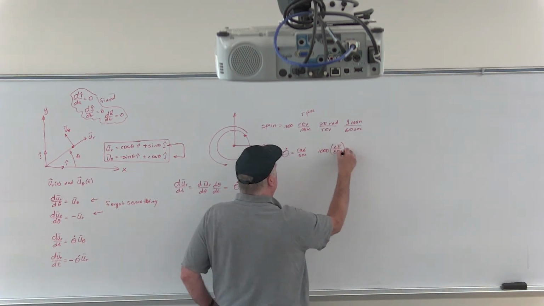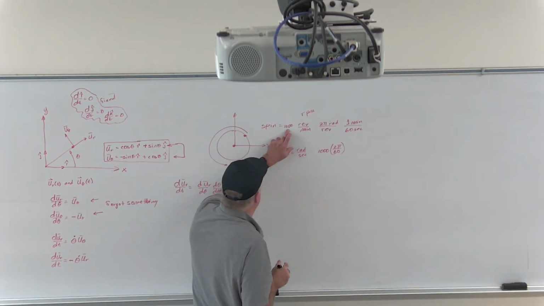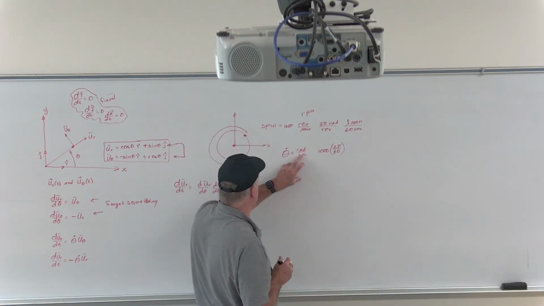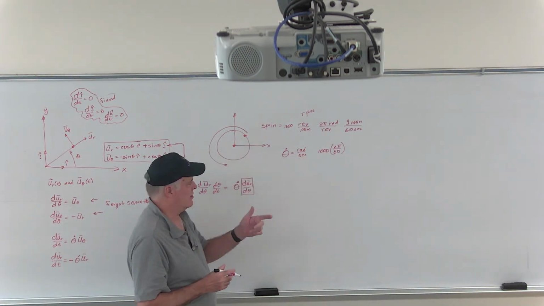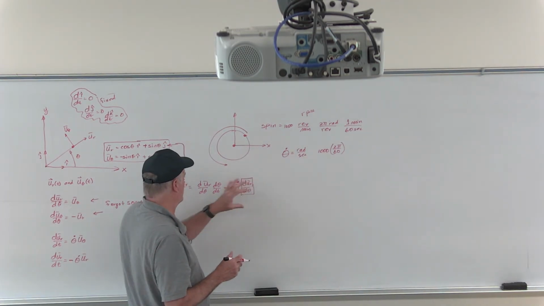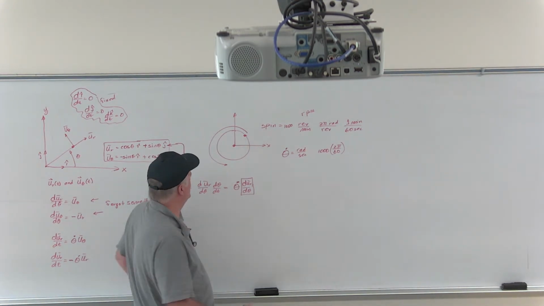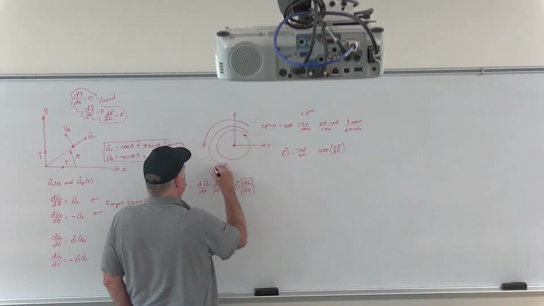So what you see on your tachometer, you just multiply by 2 pi and divide by 60 and you get that in radians per second. The reason RPM doesn't really work for the mathematics is because the units aren't quite right. So it's basically the spin rate of whatever that object is.